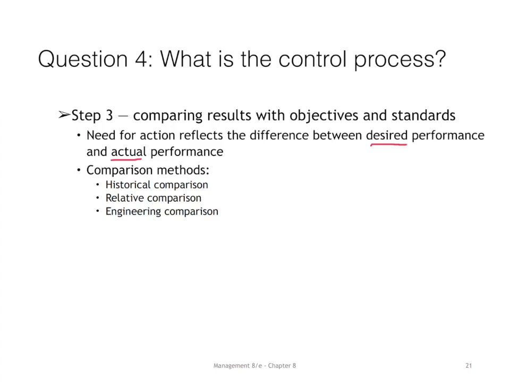It can be historical comparison, relative comparison, or engineering comparison. There are 3 comparison methods here: historical, relative, and engineering. Historical is talking about time or period. We compare today's result to the result before.